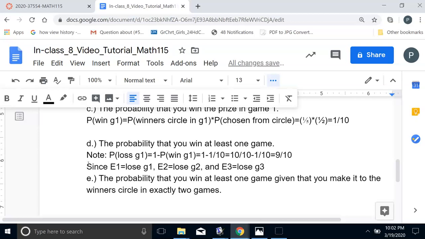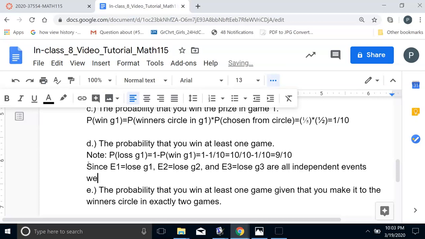I claim these are all independent events, because the probability that you lose game 1 does not affect the probability that you lose game 2, which in turn does not affect the probability that you lose game 3. Just because you lose game 1, that has no effect on whether you'll win or lose game 2. So they're independent events.